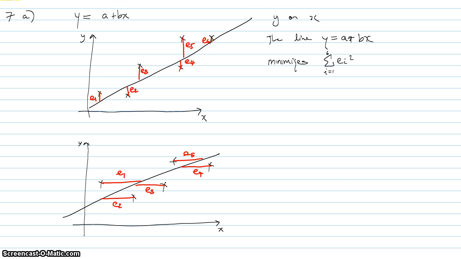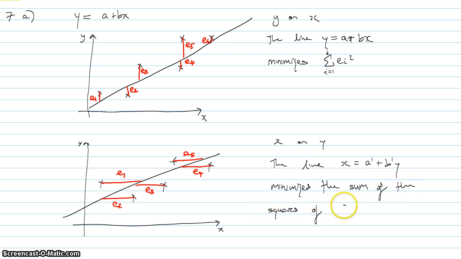So the line x equals a prime plus b prime y minimizes the sum of the squares of the horizontal errors. So that's why we have x on y and y on x.